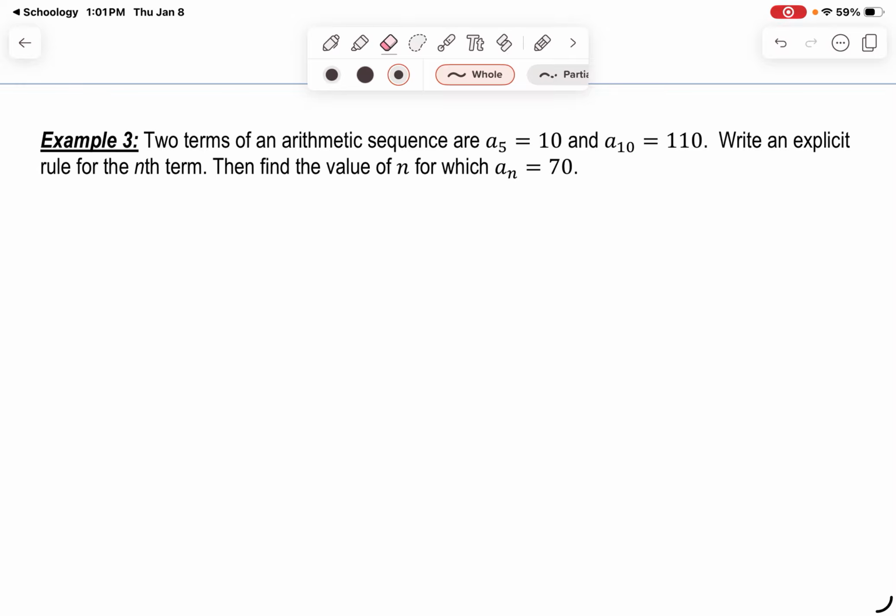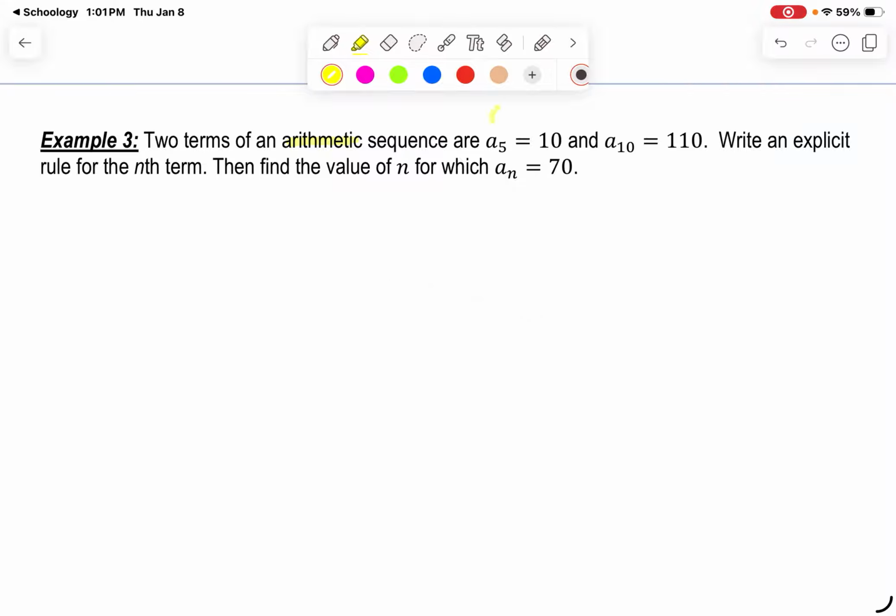The reason that there's an easier way is because this is an arithmetic sequence. If it's an arithmetic sequence, we know that we get a linear equation. And to write an equation of a line, we need a slope and a point, right? So if you look at what you have, you have 2 points.